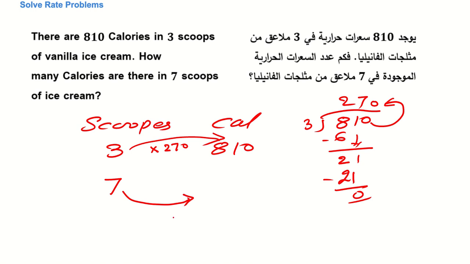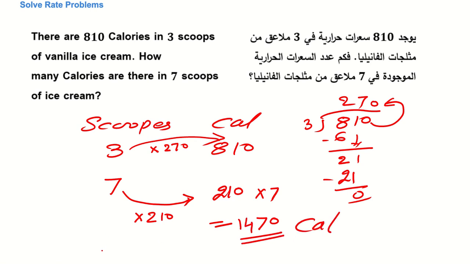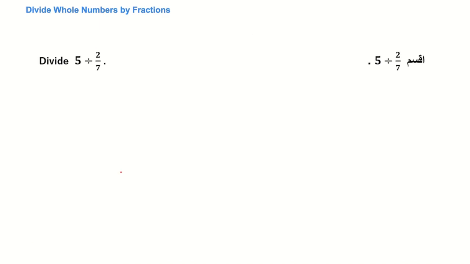So similarly, here you will multiply 7 by 270 and what you will get here? 270 multiplied by 7 is equal to 7 times 0, 0, 7 times 1, 7, 7 times 2, 14, 1470 calories.